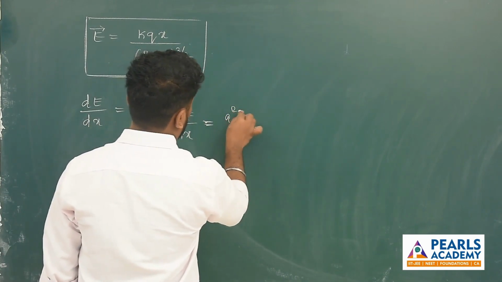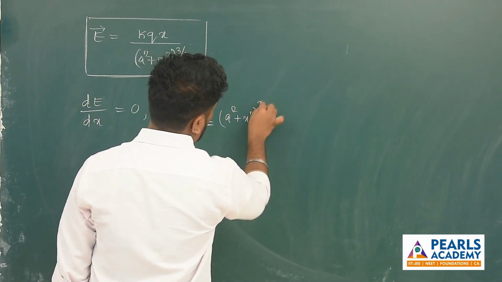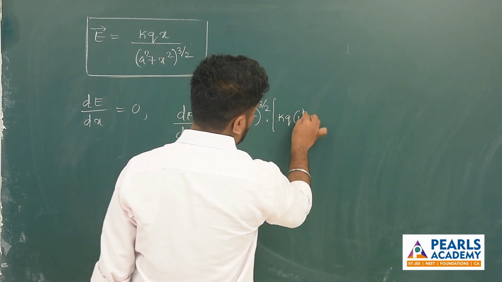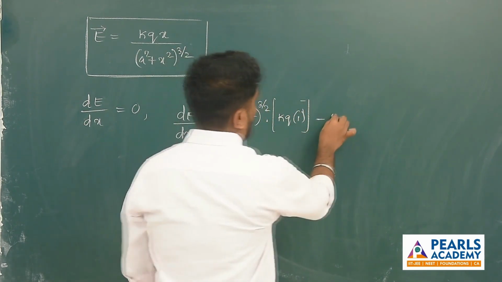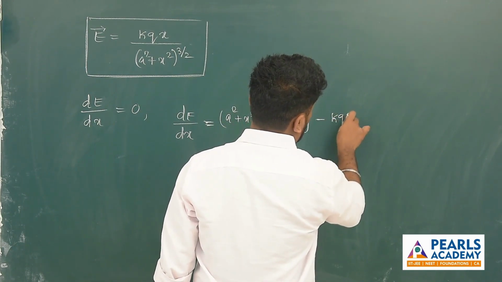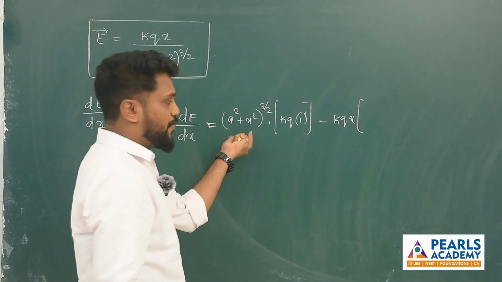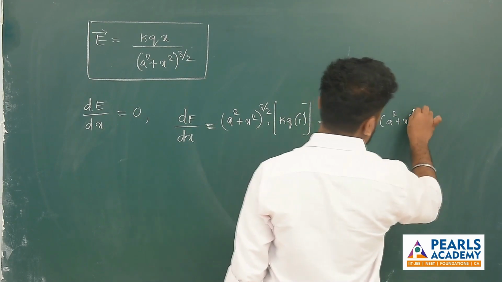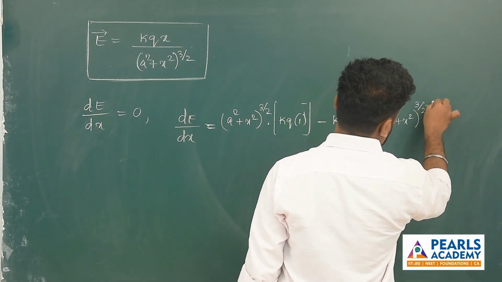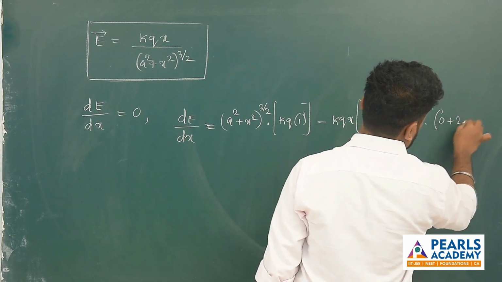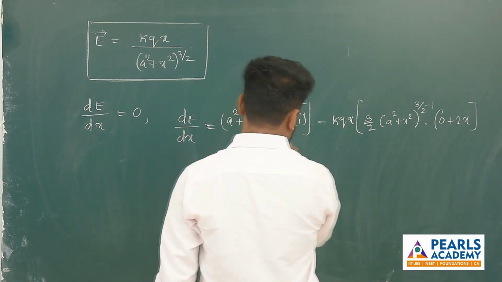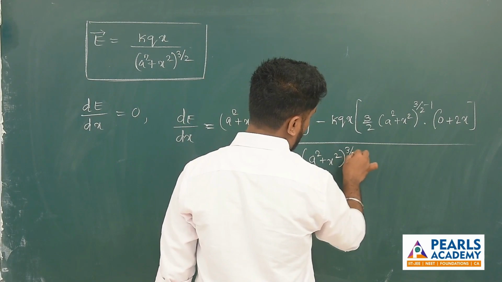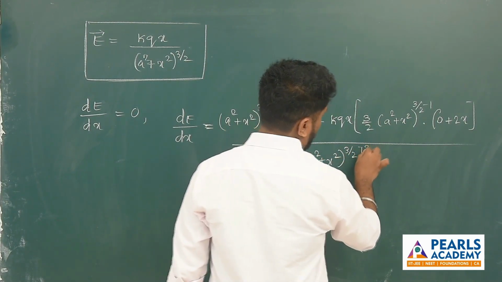So if we do that, it will be (a square plus x square) whole power 3 by 2 into the differentiation of this part, which is kq, x differentiation is 1, minus kqx into the differentiation of this part, which is v, will be 3 by 2 into (a square plus x square) whole power 3 by 2 minus 1 into 0 plus 2x, divided by v square, which is ((a square plus x square) whole power 3 by 2) whole square, equals 0.